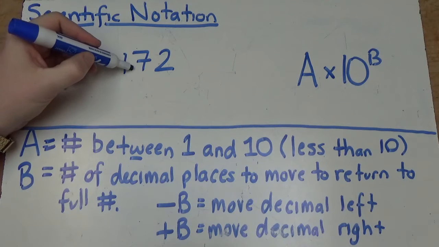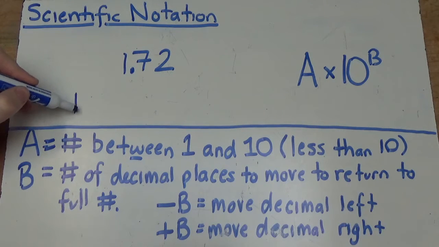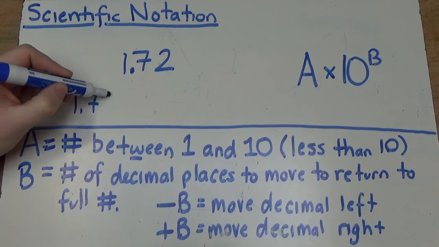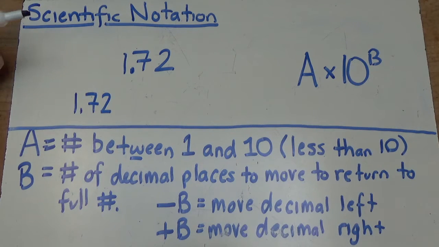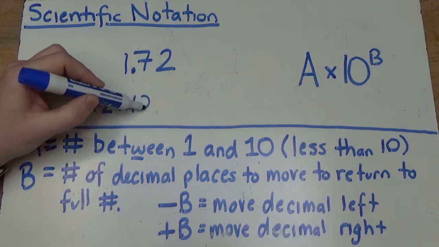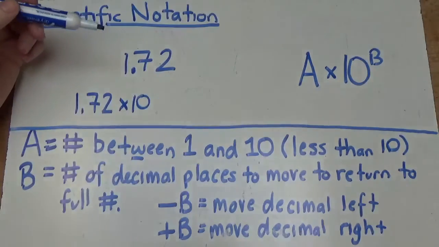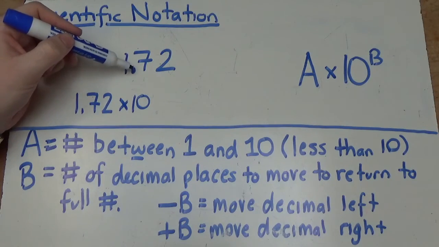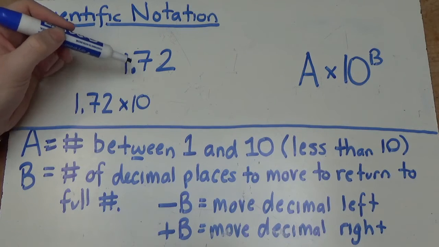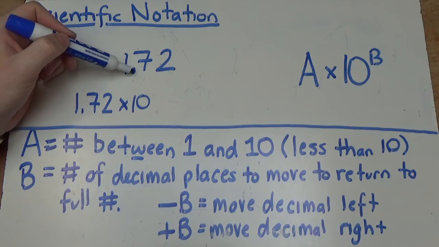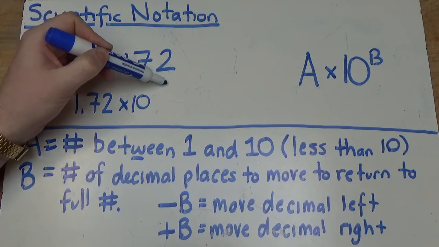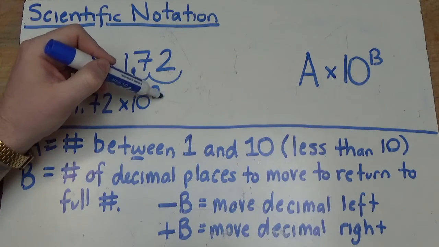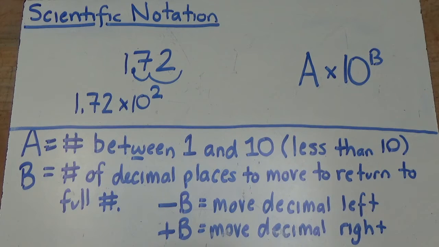Well, I can do that by writing 1.72. Now, times 10. And for my B value, how many decimal places do I need to move this decimal to get back to the original number? I need to move it 2 places to the right. 172, written in scientific notation, is 1.72 times 10 to the 2.